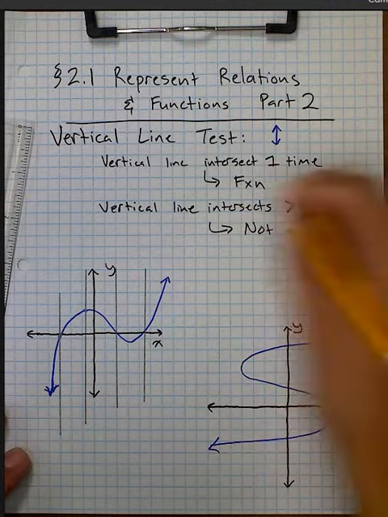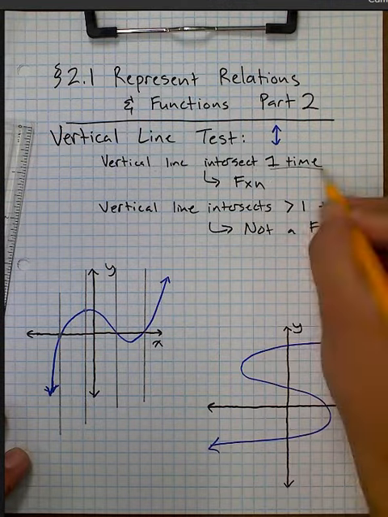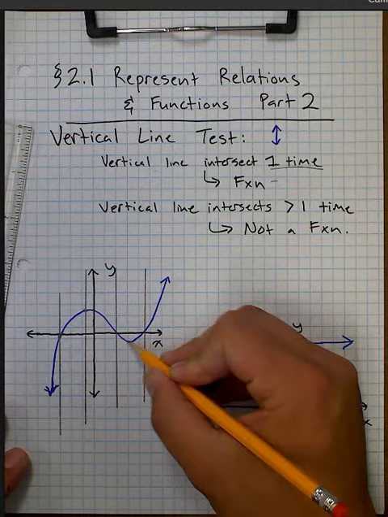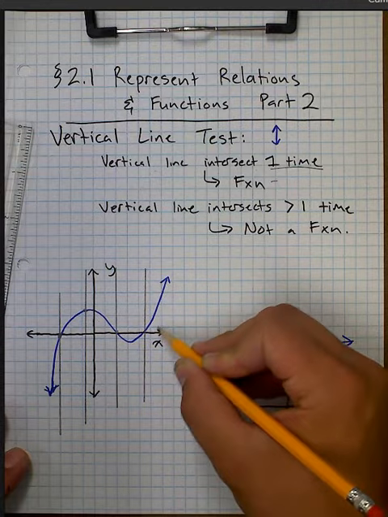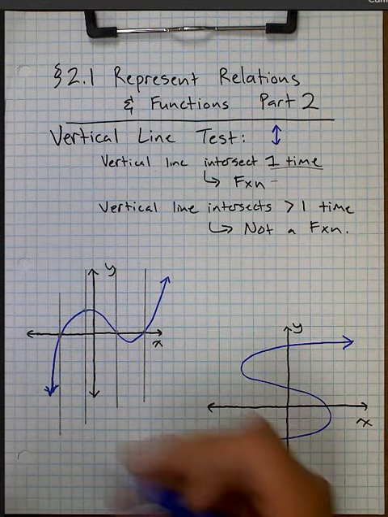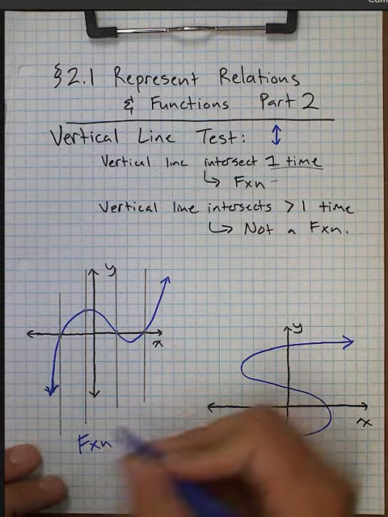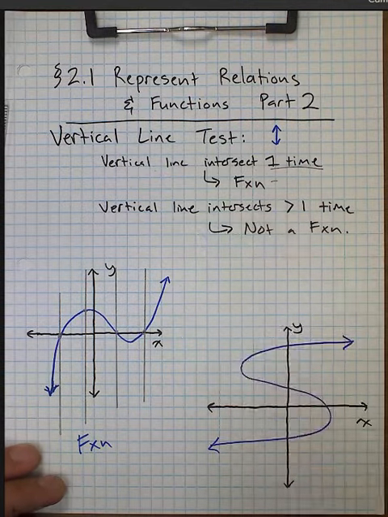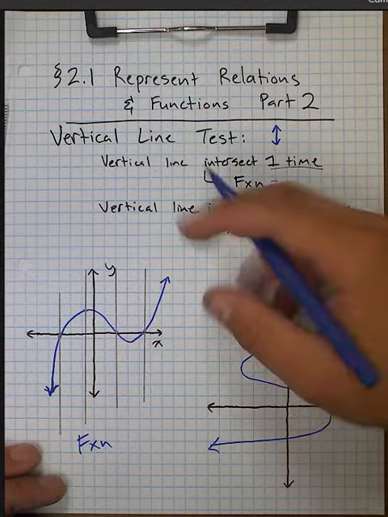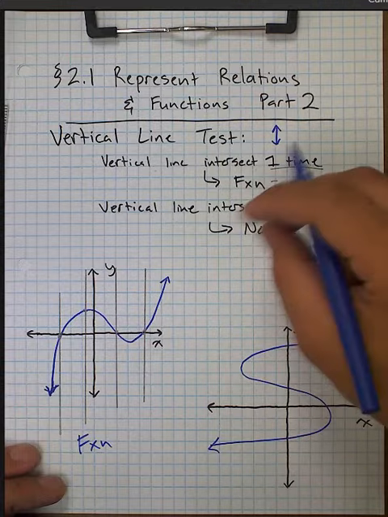So if a vertical line intersects only one time, that's a function. So this blue graph on the left-hand side represents a function, because if I draw any vertical line along this graph, it will intersect the relationship line, the blue line, only once.